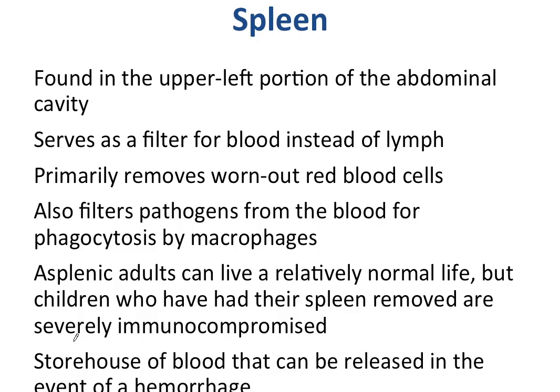That's why for those patients, we have to suggest they pay attention to this situation. The spleen is also a store for blood. It can store a huge amount of blood, so once the patient loses blood, such as in hemorrhage, the spleen can release the blood to the bloodstream.